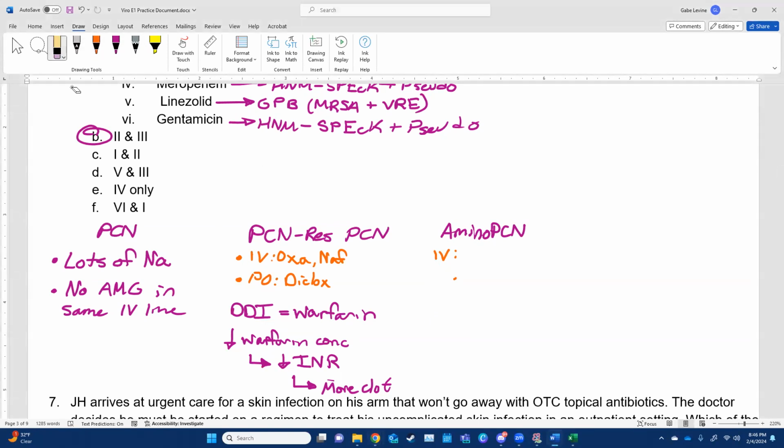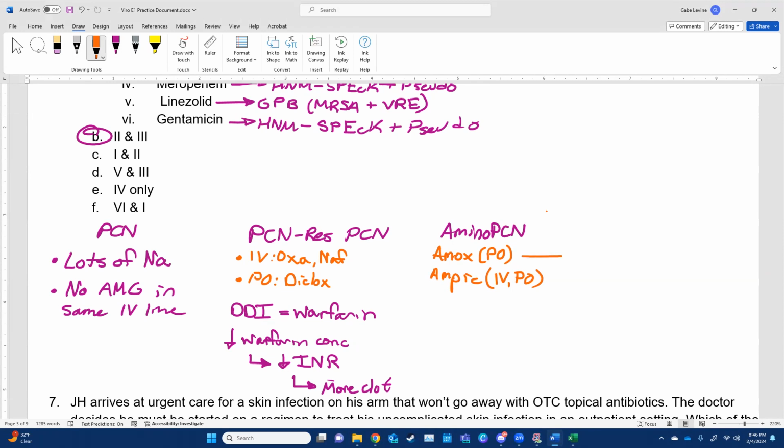It's better actually if I do it like this. We all know about amoxicillin. It's the quintessential delicious PO drug. Ampicillin, IV, amoxicillin, PO. The bubblegum solution, delicious.